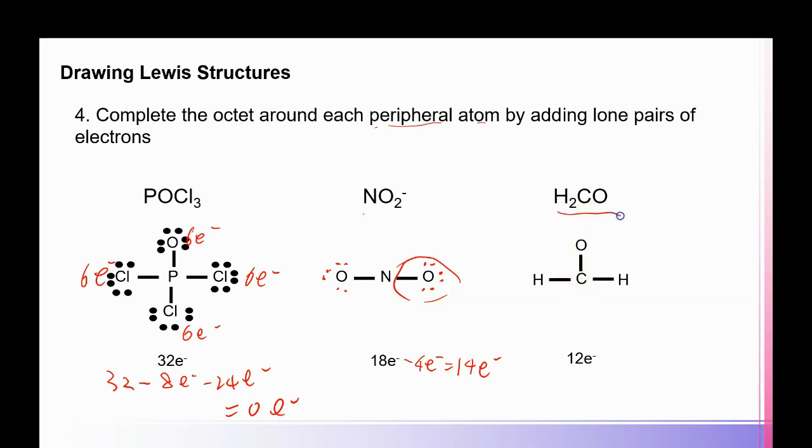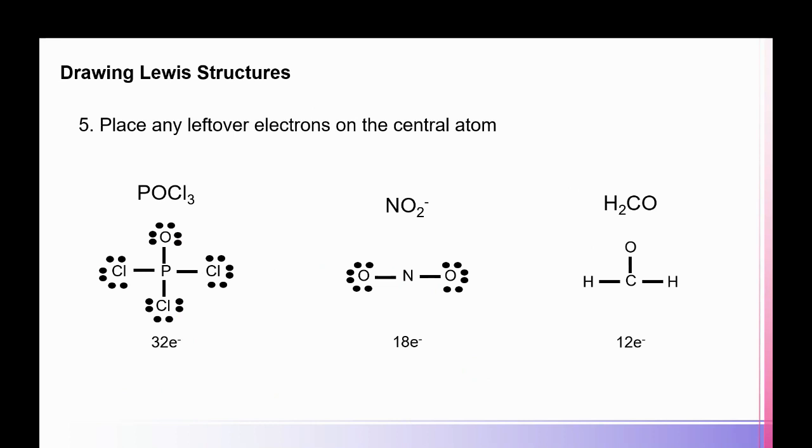So I would like you to take a moment to do this problem. By the way, my PowerPoint on Canvas has the structure already drawn out, the dots, so you can check your answer. I'm going to move on to the next step: if there are any leftover electrons, we put them on the center atom, because the outside atoms all have an octet already.